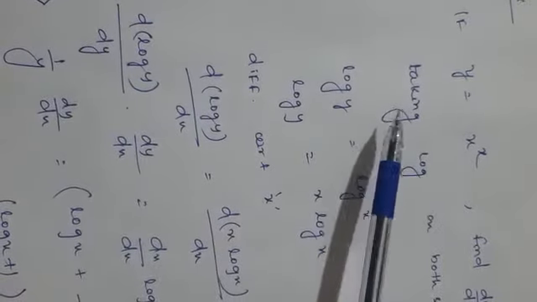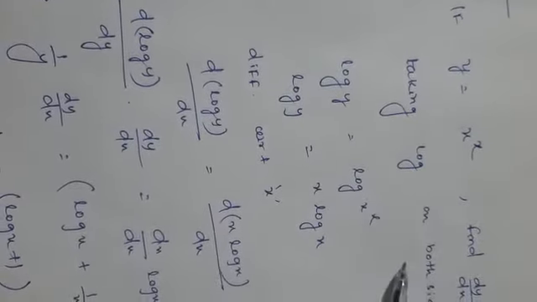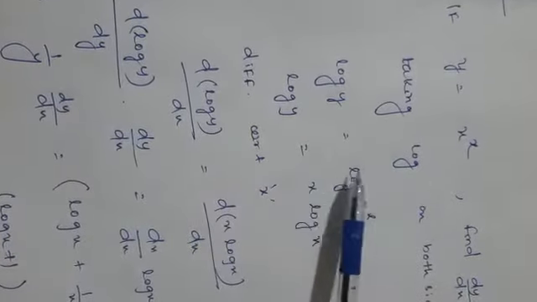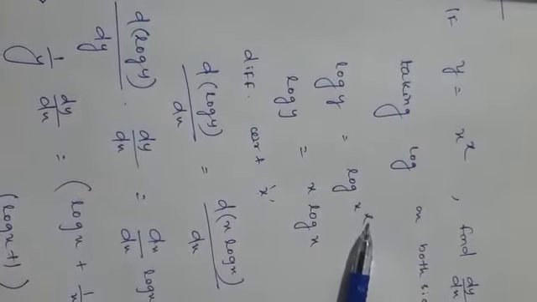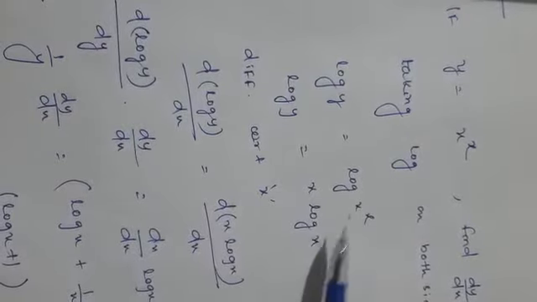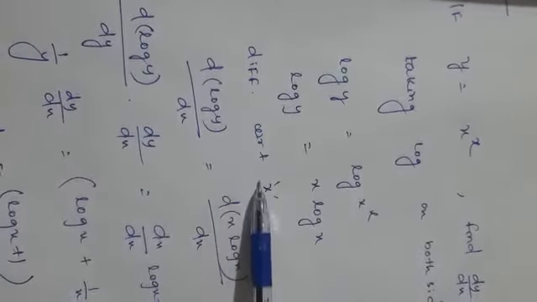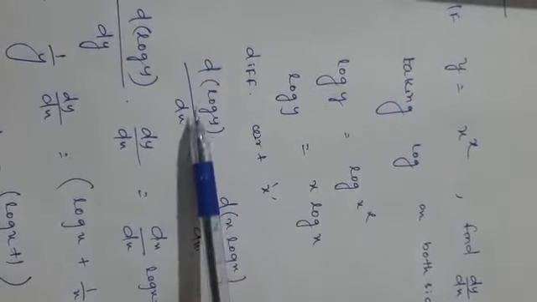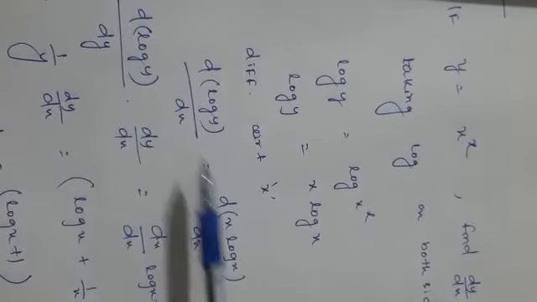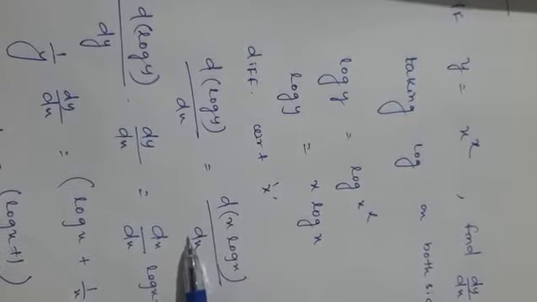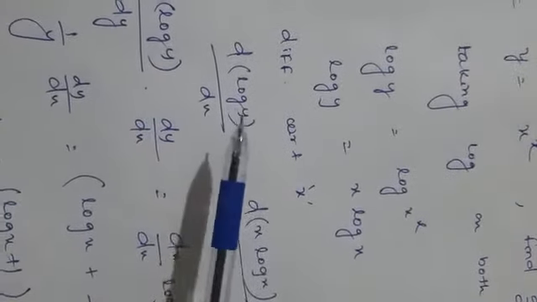So what is the procedure? Taking log on both sides, log y is equal to log x to the power x, so x log x, using log m to the power n equals n log m. Differentiating with respect to x: derivative of log y with respect to x, derivative of x log x with respect to x. Now let's see how to find the derivative.